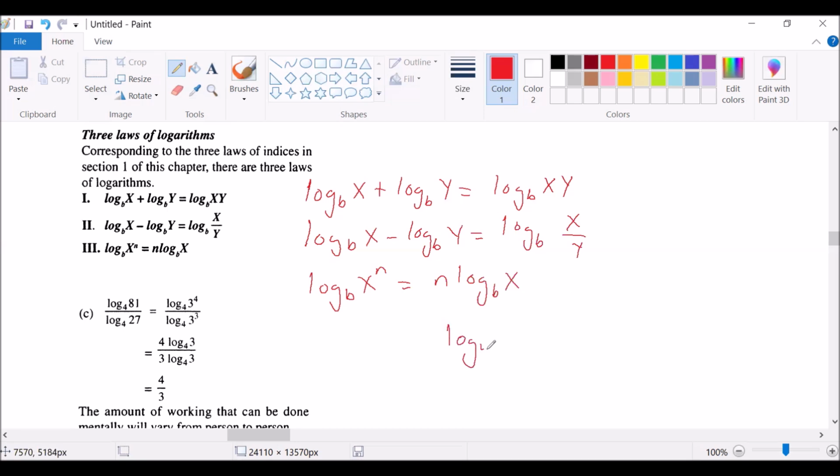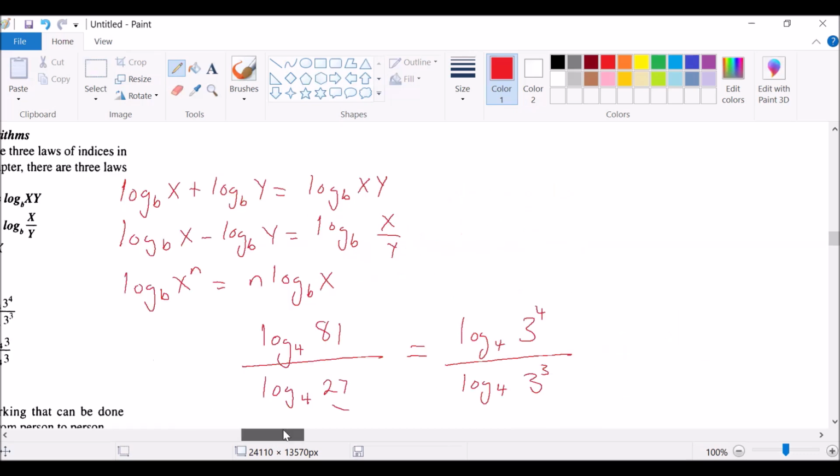Log to base 4 of 81 over log to base 4 of 27. So we look at 81 and 27, knowing our powers. 81 and 27 are all powers of 3. So we'll say log to base 4, 81 is 3 to the power 4 over log to base 4, 27 is 3 cubed.